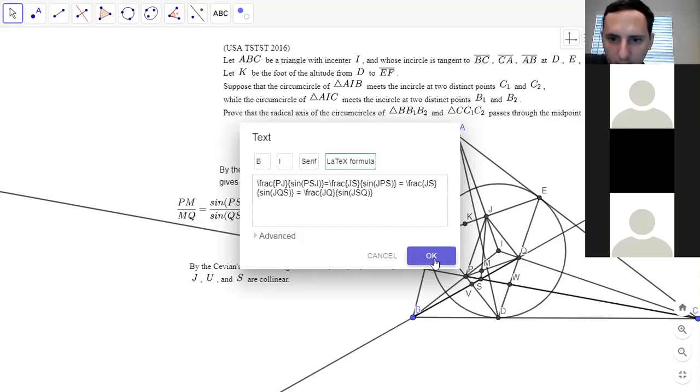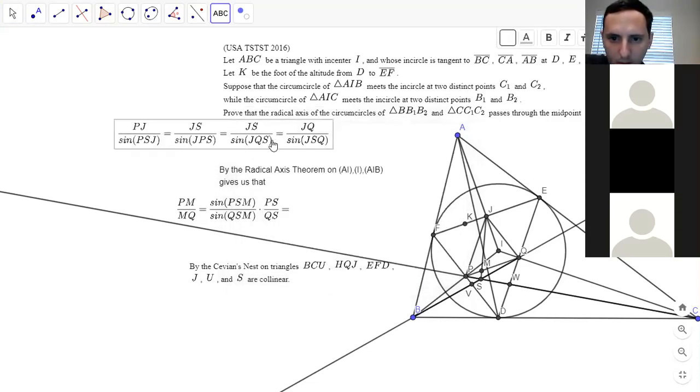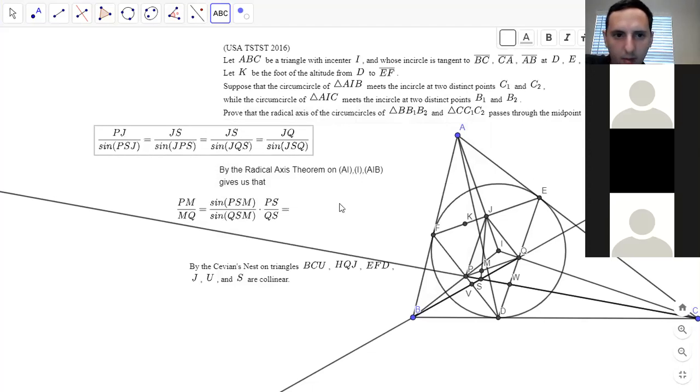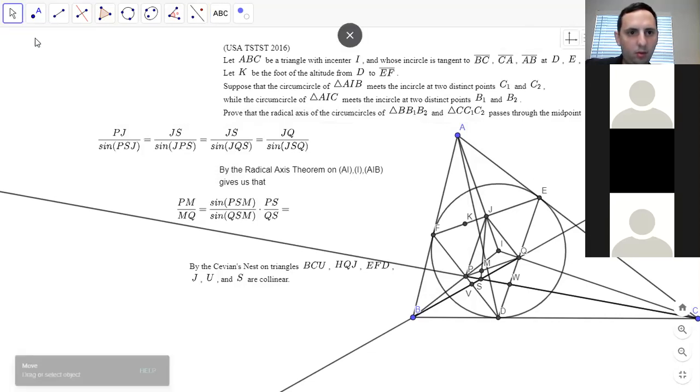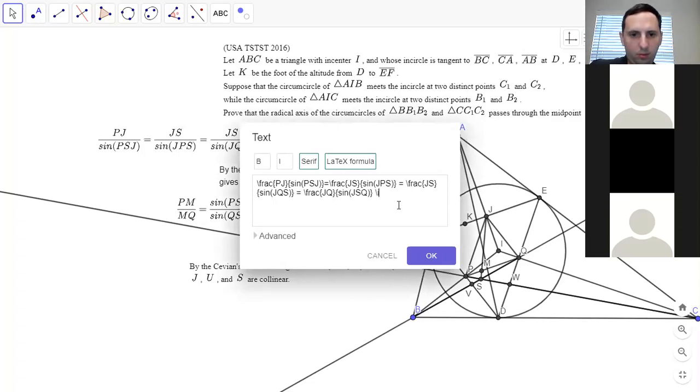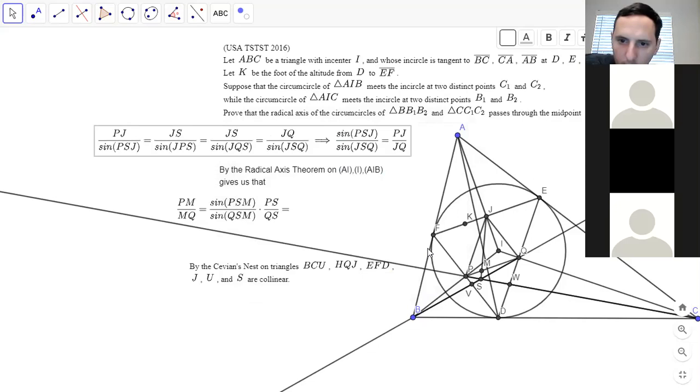This implies that sine PSJ over sine JSQ equals PJ over JQ.